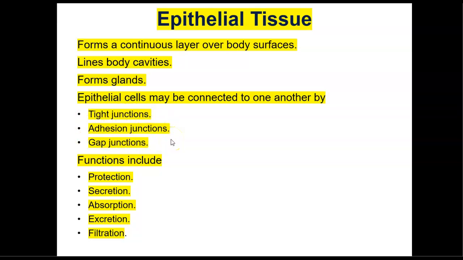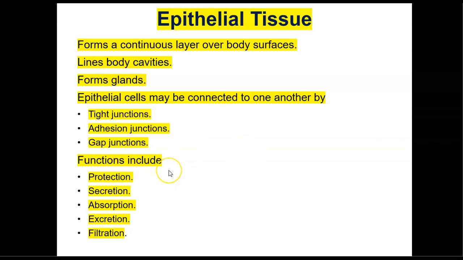Adhesion junctions, which are stronger connections, but they're just at certain spots. I always like to compare them to a spot weld. And then gap junctions, which are connections that have channels running through them so that ions can be passed from cell to cell very quickly throughout the tissue.